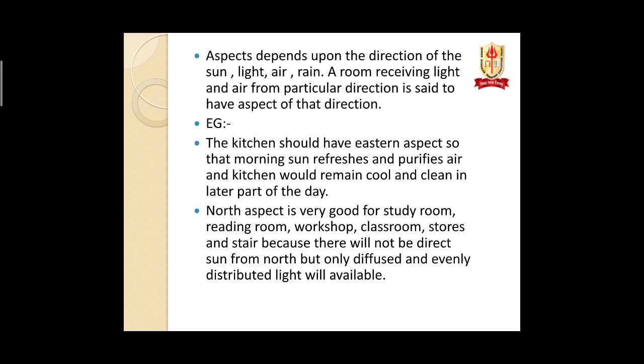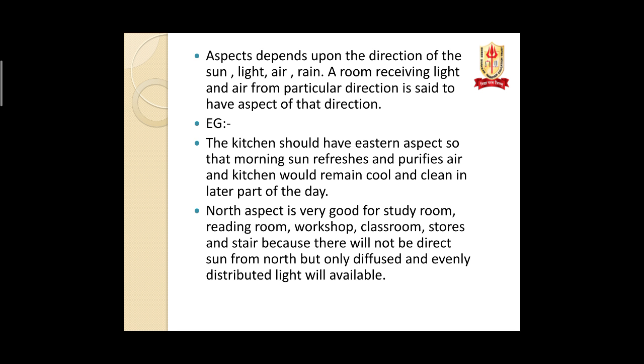The north direction is very good for a study room, reading room, workshop, classroom, storage, staircase, because there will not be direct sunlight from the north, but diffused and evenly distributed light will be available. Aspect means you are taking maximum advantage of nature and placing the rooms accordingly. Like the kitchen, we should place it in the east so that the UV rays can kill the germs.